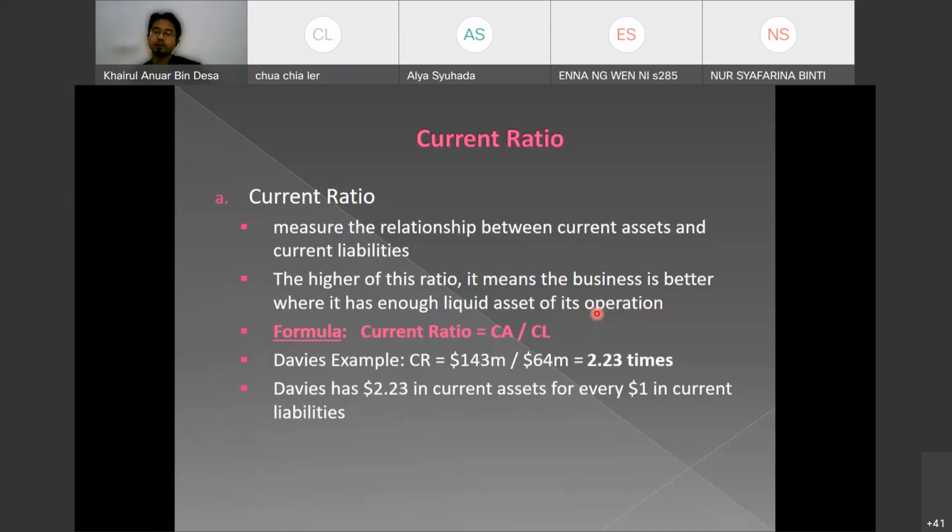Maknanya anytime we can pay the liability. Setiap RM1 hutang di liability boleh ditampung oleh 2.23 kali ganda keupayaan current asset. Okay. Current ratio. Any question?